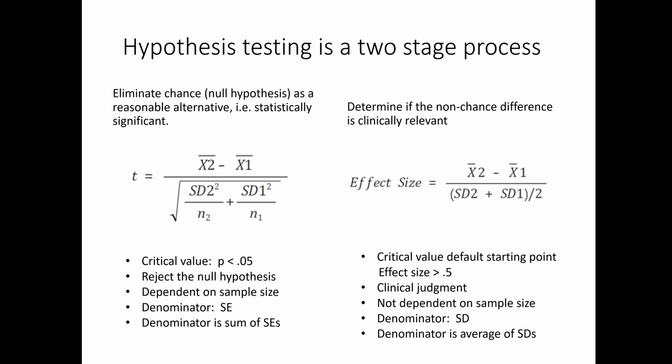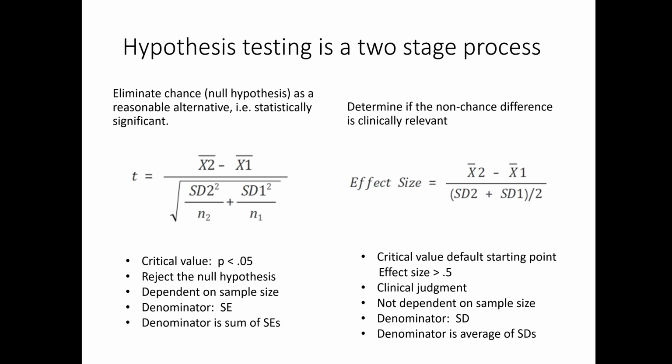Now, if we look at this formula for the t, we can see that the numerator is similar in both effect size and t-test. It's the same. It's the difference between the means. The denominator, however, on the effect size is the average standard deviation.